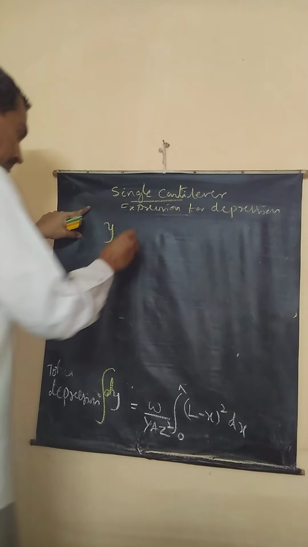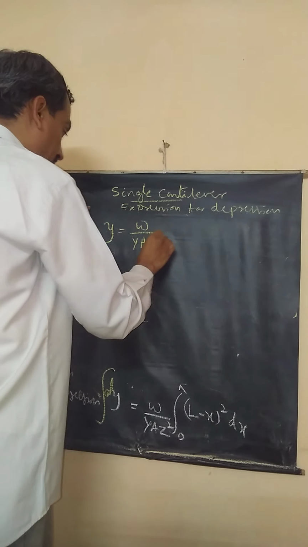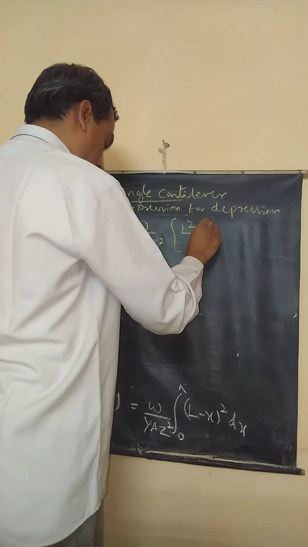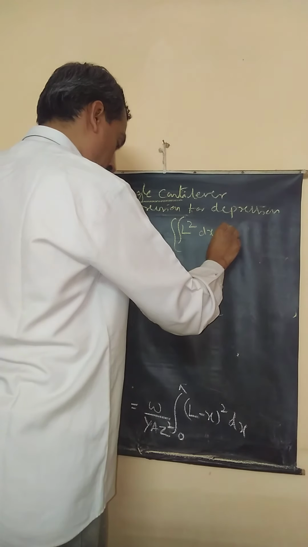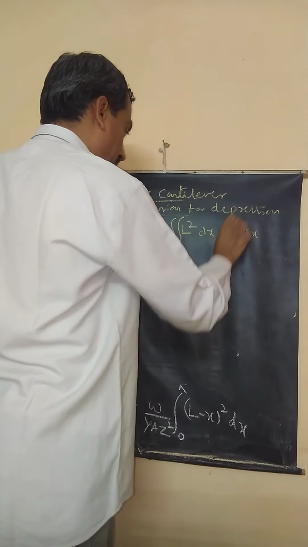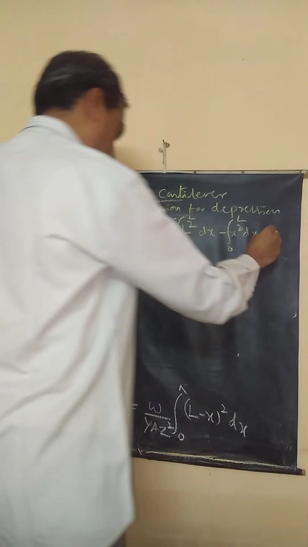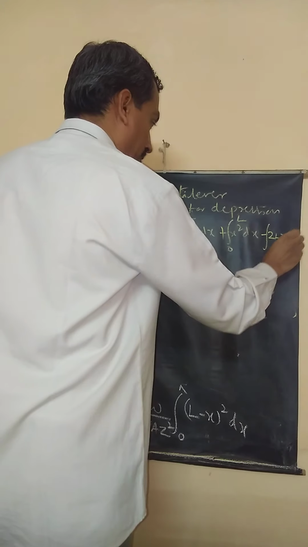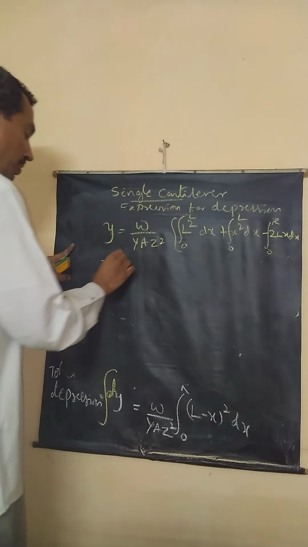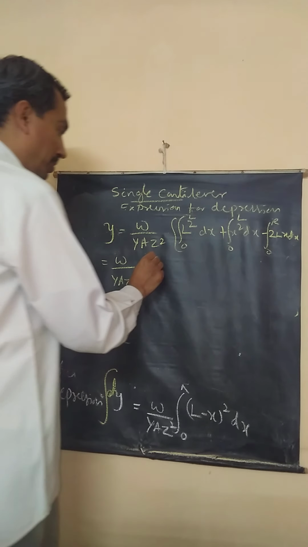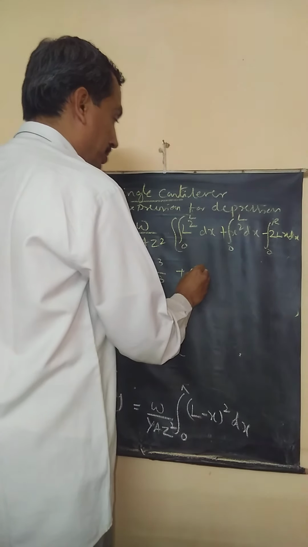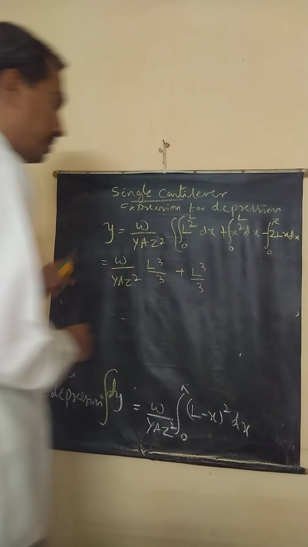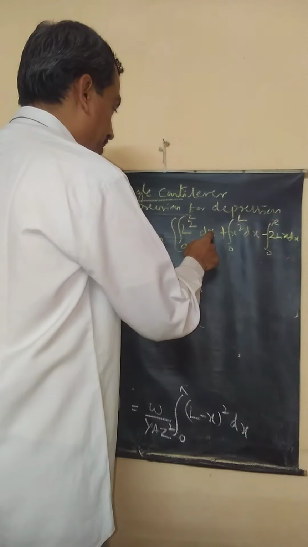So this will be y equals omega by Y A z square into the integral of L square dx minus 2Lx dx plus x square dx, from 0 to L. So omega by Y A z square, L cube by 3 plus, is also L cube by 3, is it correct?